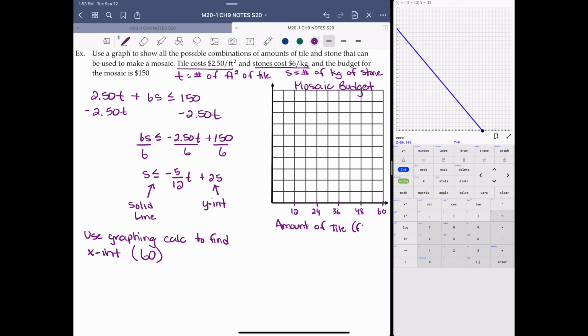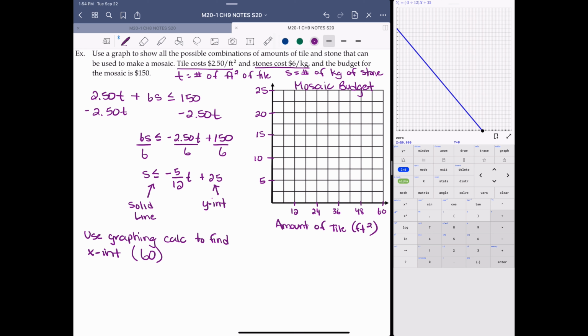in feet squared. And then for the stone, our y-intercept is 25, so we need to go up at least to 25. We have 2, 4, 6, 8, 10 increments. So if every second one is 5, 5, 10, 15, 20, 25.